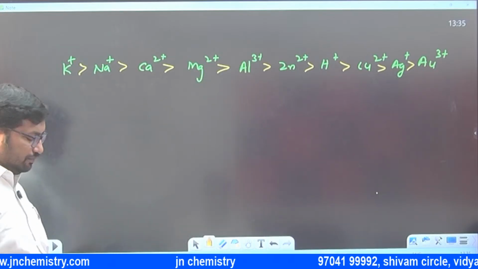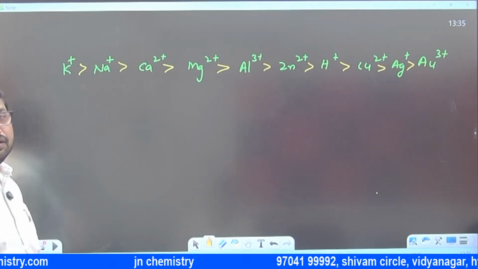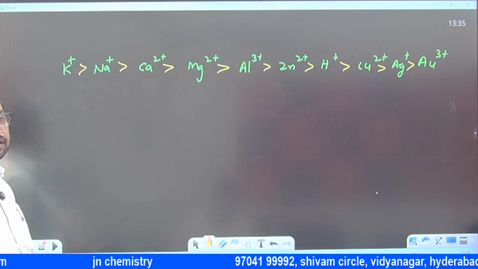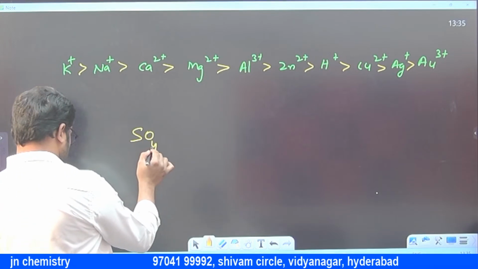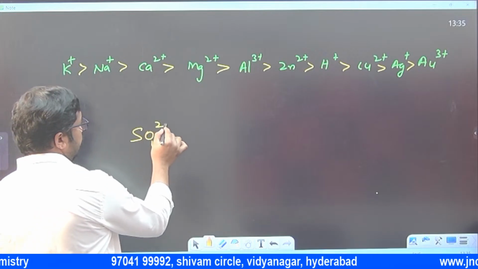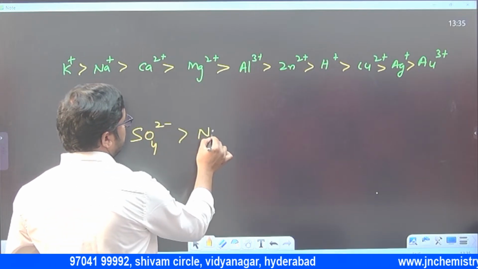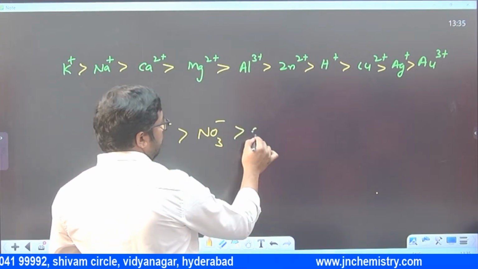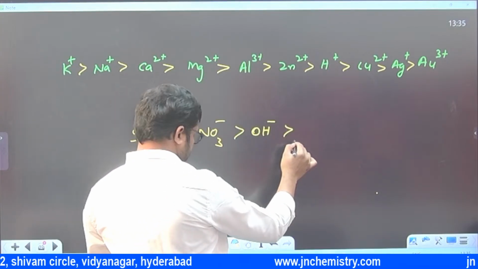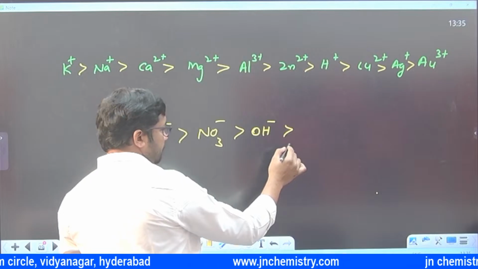Yes, sir. For anions, decreasing order of discharging potential for anions. Write it down. SO4 2 minus, NO3 minus, OH minus, Cl minus.